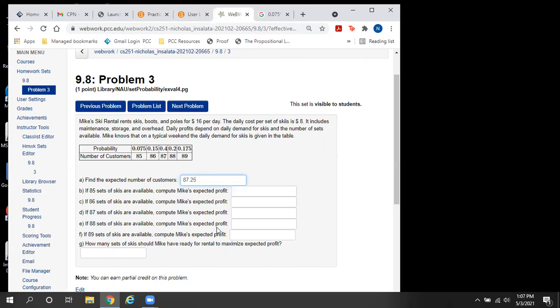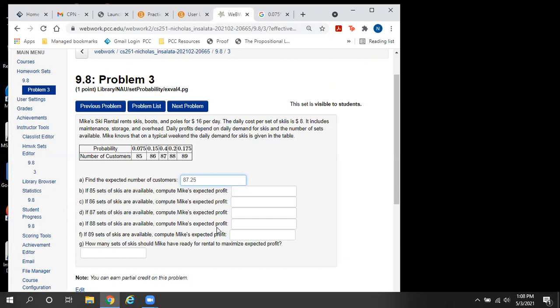So what would the expected profit look like? Well, if Mike has 85 sets of skis available, okay, 85 times the price. Okay, so that's part of it.